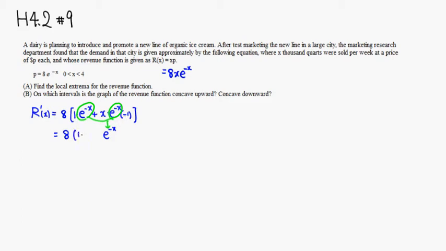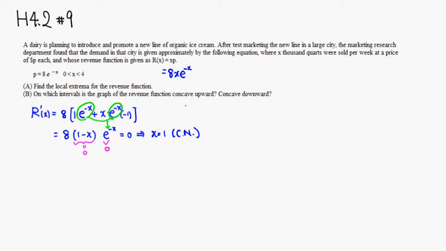We set this equal to 0. Remember that the exponential function is never 0. It's actually positive. So the only way we can get a 0 is when this factor is 0. So x equals 1. This is the critical number.